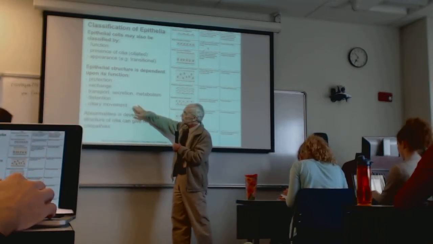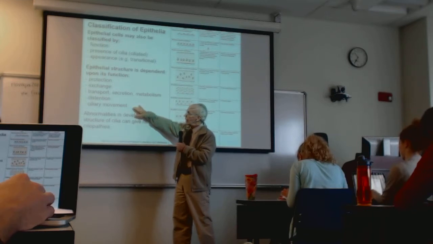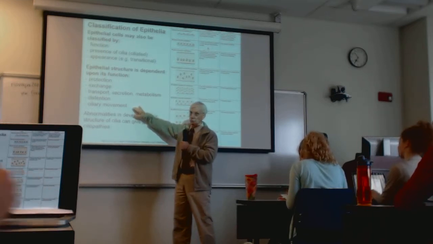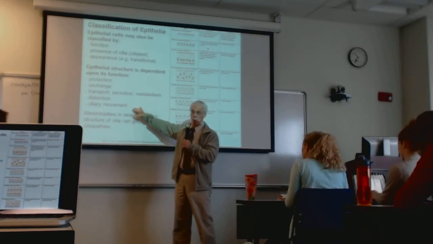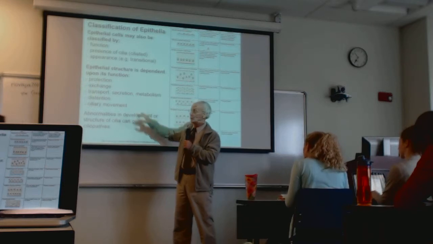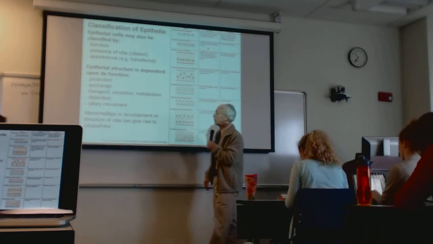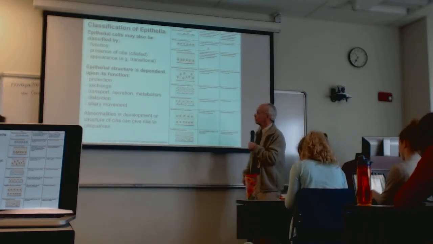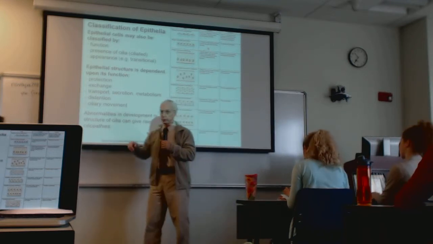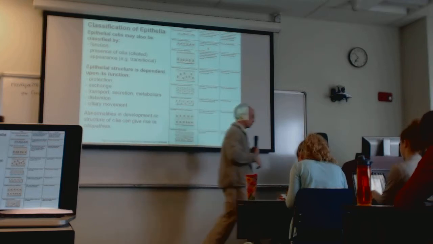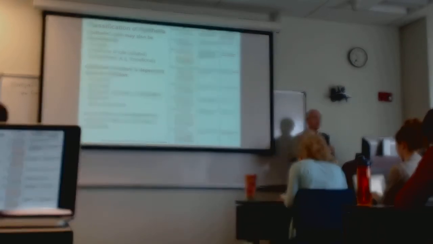And then, as we've indicated, some epithelia have cilia or microvilli. In a couple of cases, one very important case that you'll learn about later, the cell has both cilia and microvilli. But of course, when we talk about a ciliated cell, what are the cilia doing?